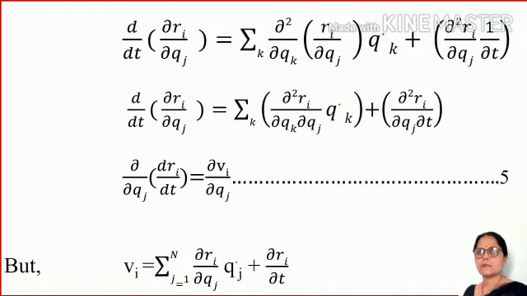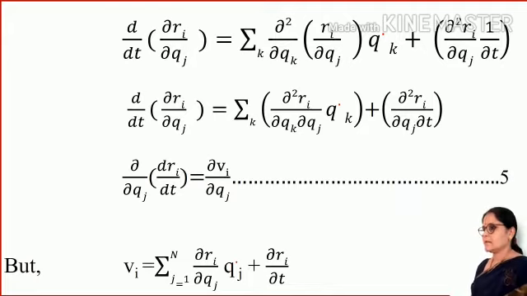Then d/dt of (dri/dqj) is equal to summation over k of d²ri/(dqk dqj) into qk dot, plus dri/dqj into d/dt of 1. Then d/dt of (dri/dqj) is equal to summation over k of d²ri/(dqk dqj) into qk dot, plus d²ri/(dqj dt).